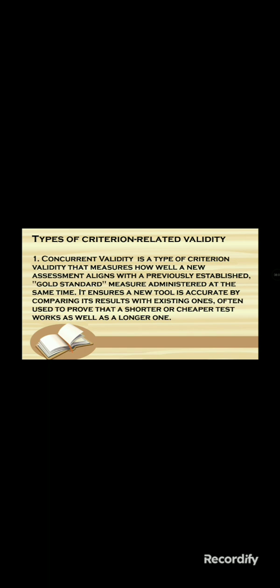So the concurrent validity means checking if the test works well by comparing it with a trusted test at the same time. If a new test gives results similar to a trusted test taken at the same time, it has concurrent validity.